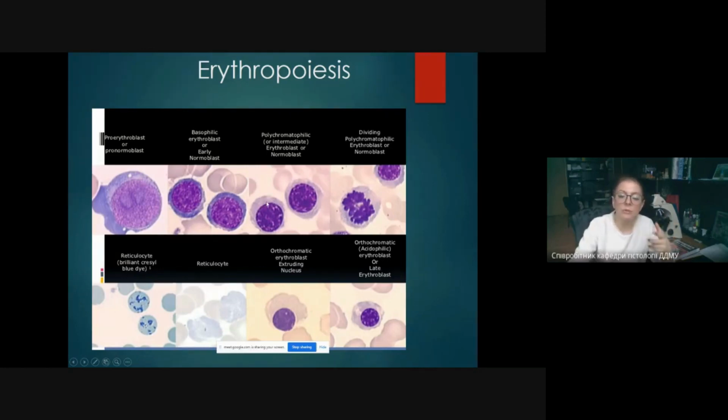This is really a transient stage between the basophilic and oxyphilic. You see here purple cytoplasm, here pink, and between them the transient stages. And these cells are reticulocytes. They are especially stained with brilliant cresyl blue to demonstrate those endoplasmic reticulum remnants, because with the common conventional staining procedures, they are not very well distinguishable.